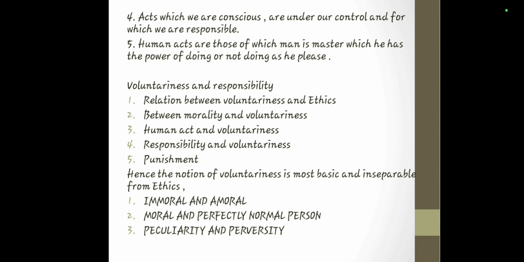So here, morality can be identified by means of human acts that can be done by humans. Okay, and number three, we have human act and voluntariness. What does it mean? We have shown that human acts are the free acts of man. Going back to number two, that's why it's called voluntariness, because human action is basically connected to our free will, or the free acts of man.